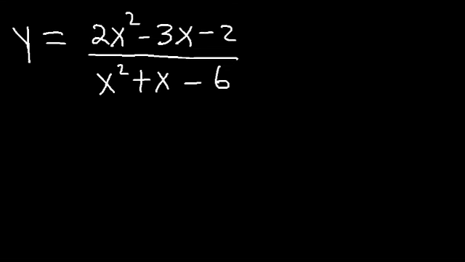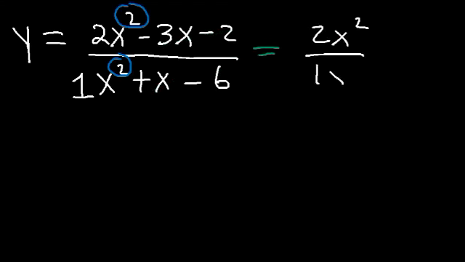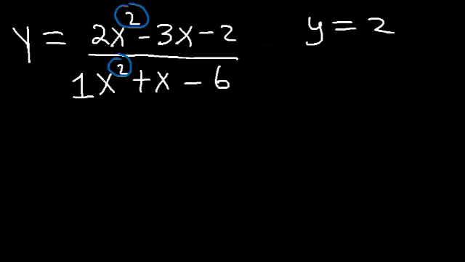So to find the horizontal asymptote, let's look at the degree of the numerator and the denominator. Notice that it's the same. So therefore, we just need to look at the coefficients. We could ignore everything else. So it's going to be 2x squared divided by 1x squared, which is 2. And so the horizontal asymptote for this function is y equals 2.